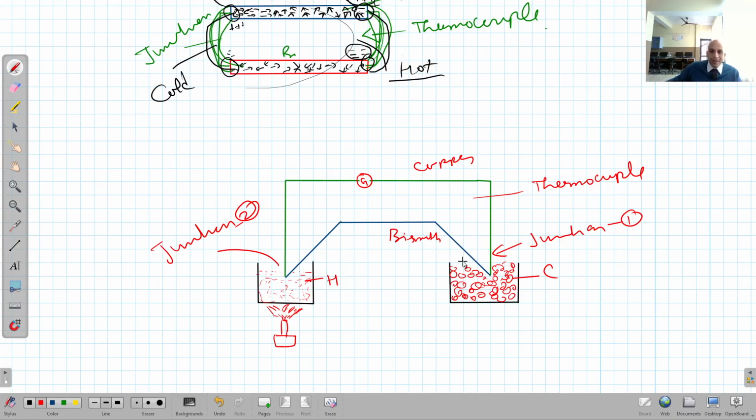So when this particular type of junction is made, then in this case the current flow in this direction, because it is very important to remember the flow of electric current in this junction, right? Galvanometer will detect the flow of current in this junction, right? So this is about the Seebeck effect, right?